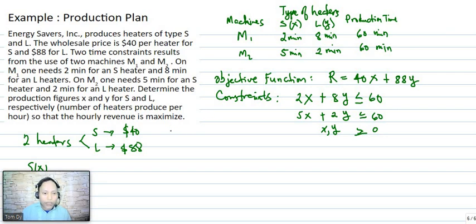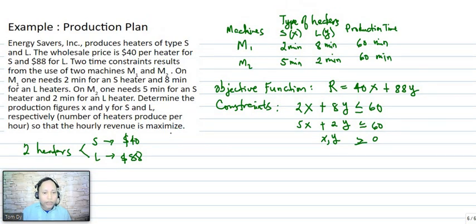So we have the equation 2x plus 8y equals 60. Assume the values of x and y as 0. When x is equal to 0, we substitute the value of x as 0.